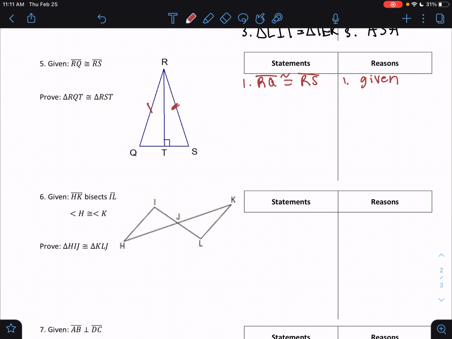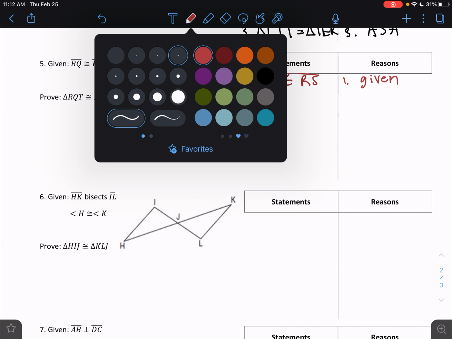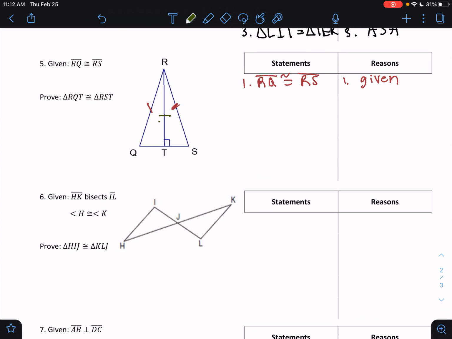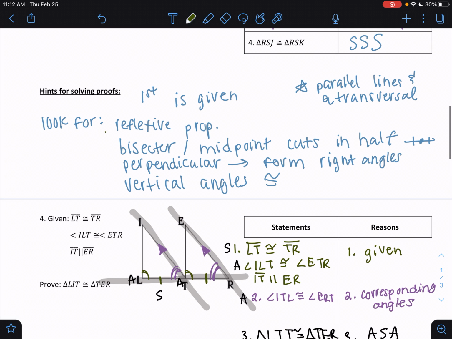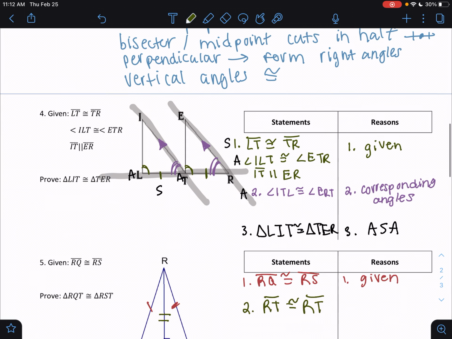Okay, now let's look for some things. There's a few things that I could prove next. I'm going to go with the reflexive property. So RT is congruent to itself. Remember, that's one of the things up here as the hint: always look for the reflexive property.